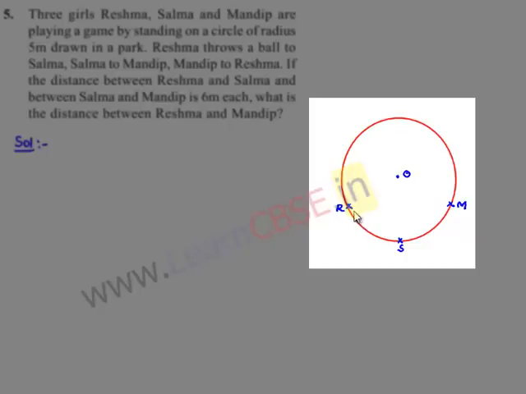Now it is given that the distance between Reshma and Salma and Mandeep is 6 meters each. That is, MS is 6 meters and RS is also 6 meters. And the radius of the park is given as 5 meters. Therefore here OR and OM will be equal to 5 meters since they form the radii of the circle.